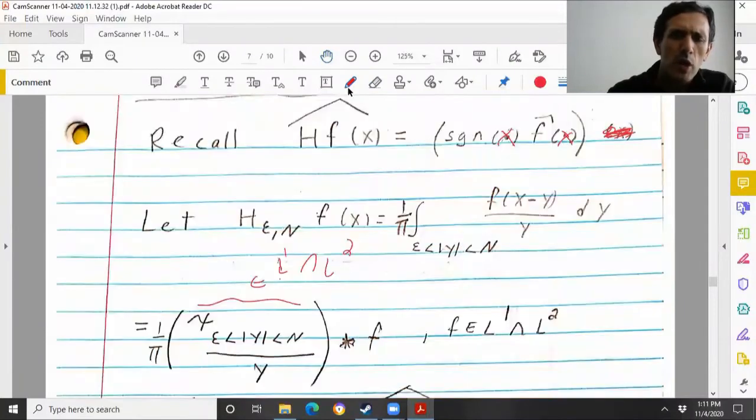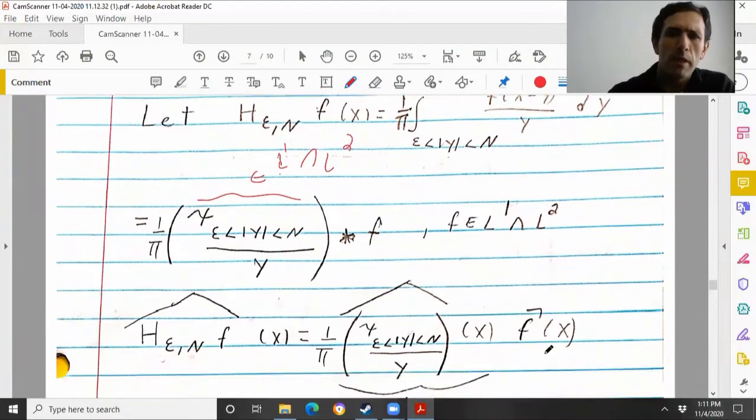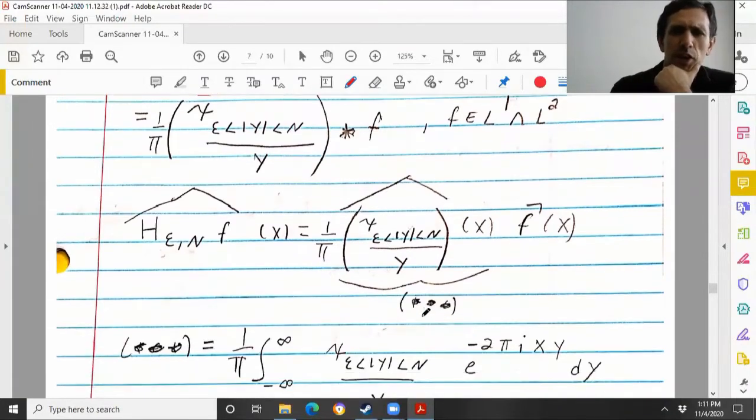So we can take the Fourier transform of h epsilon n. And it's just the Fourier transform of f times this Fourier transform. And I should mention the pi here. It will be apparent why I want a pi here in a moment. So let's figure out what this Fourier transform is. Let's call it star, star, star, because I already used star and star, star.